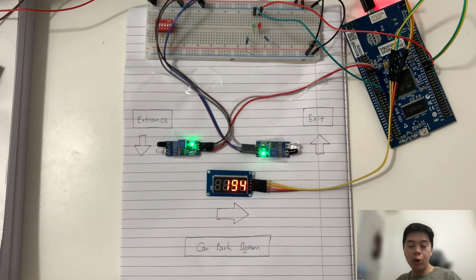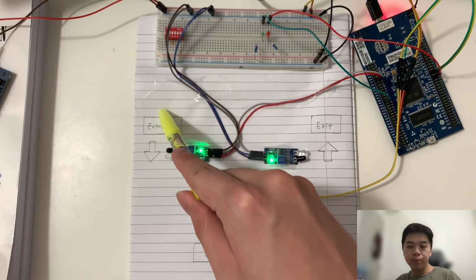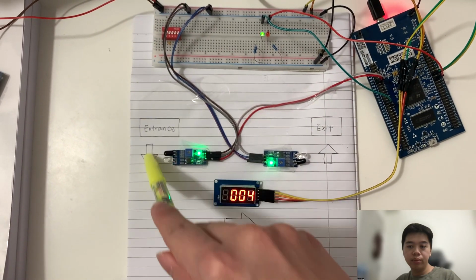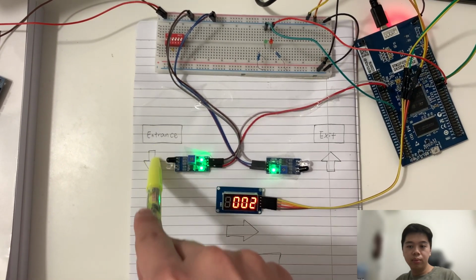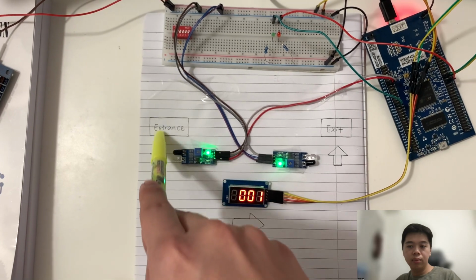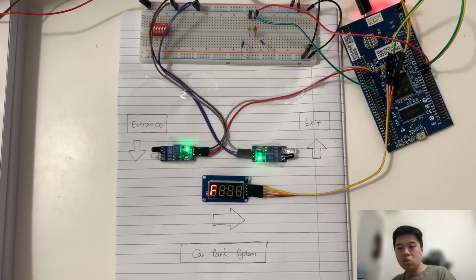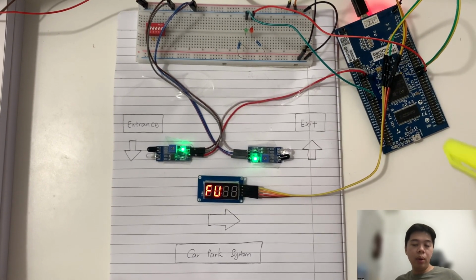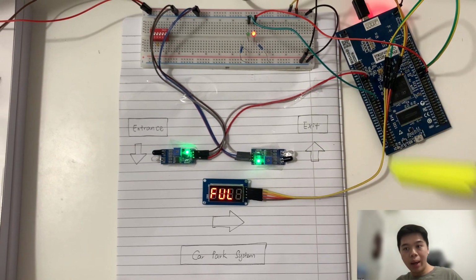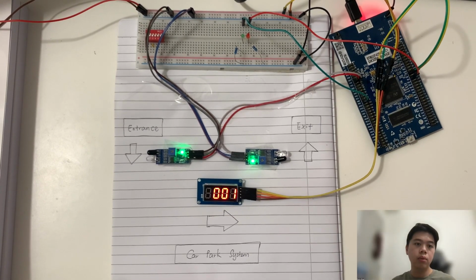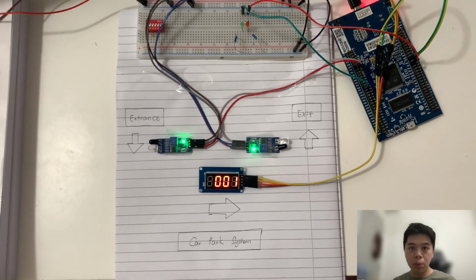So right now we're going to try doing it until it reaches zero. Once the car park spaces hit zero, the word FULL will be displayed on the seven segment display repeatedly. And of course, once there's a car leaving the car park, the number of car park spaces will be increased by one.